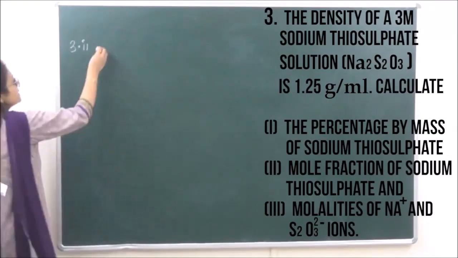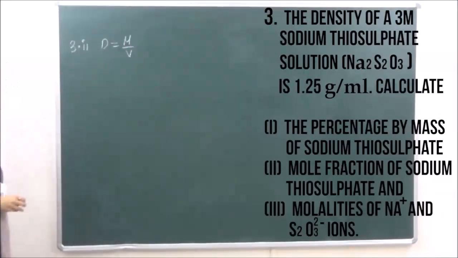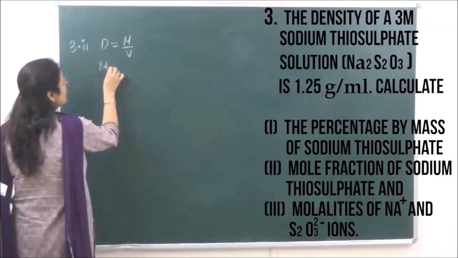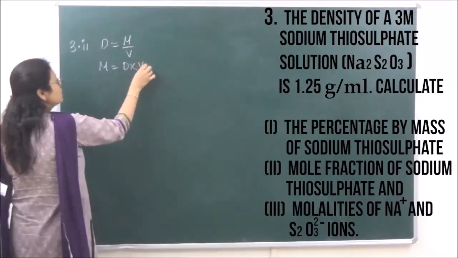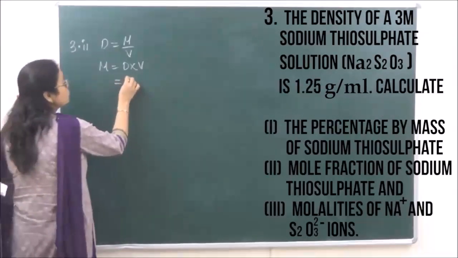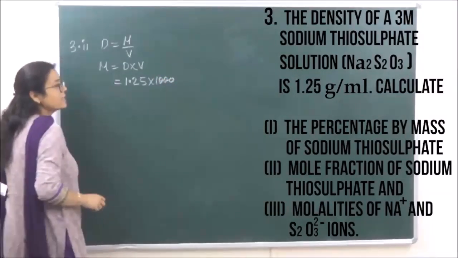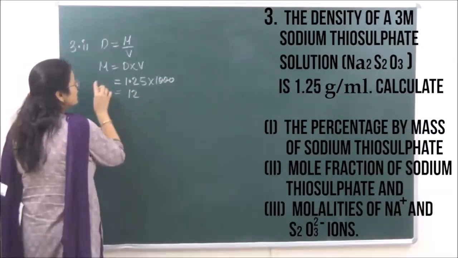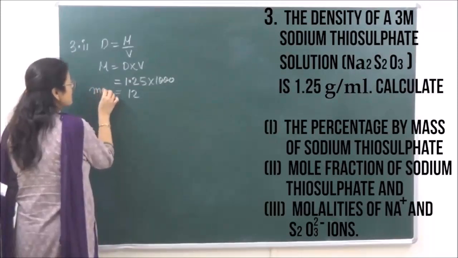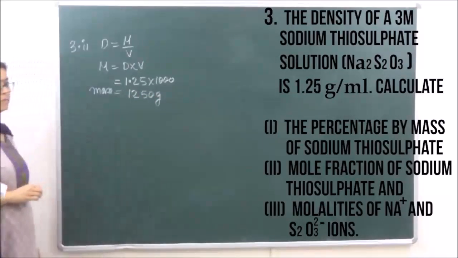We know that density is equal to mass upon volume. Okay, then what will be the mass of 1000 ml? Mass will become equal to density into volume, right? Now they have given the density as 1.25, and the volume is given as 1000. So in this case, the mass will become equal to 1250 grams.